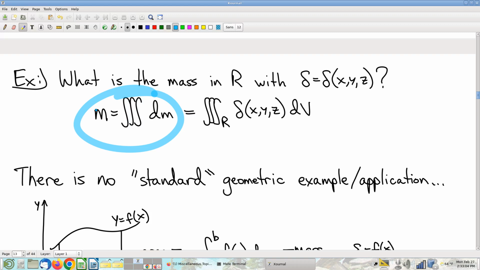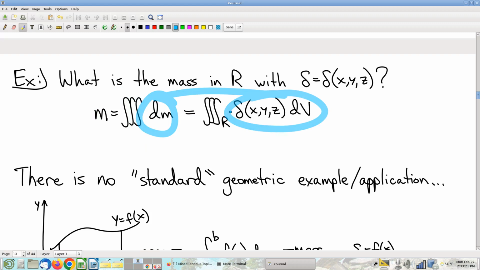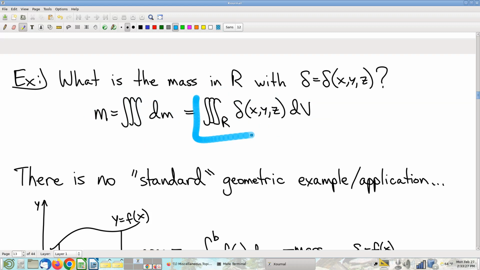Technically, I haven't actually defined dm. This is just a shorthand, but it means exactly what you think it means. I'm taking the entire mass and chopping it into little pieces of mass. And each little piece of mass, of course, is mass per unit volume times volume. And then I have literally a triple integral. And then the question is just how do I compute a triple integral? Everybody good?